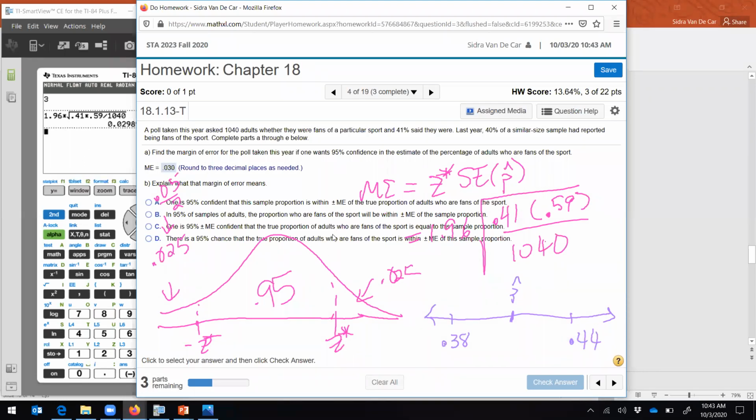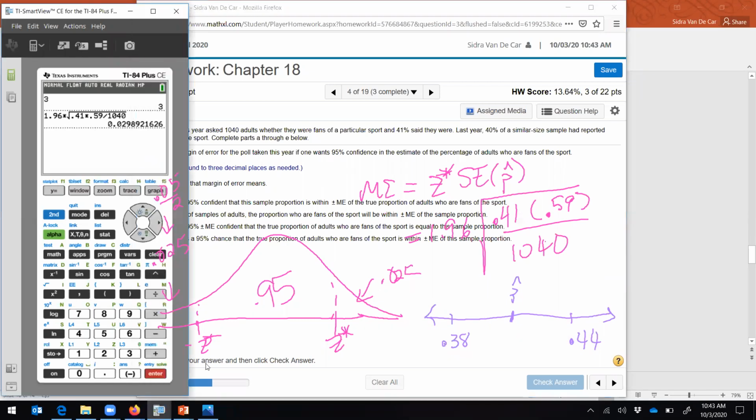But we're not moving on to the second part yet because I was trying to show you how to get it from your calculator. Okay, so remember what I did here is I went stats, I went stat test, I went down to option A and ran my 1 proportion Z interval. We filled in the data and it gave me these values.